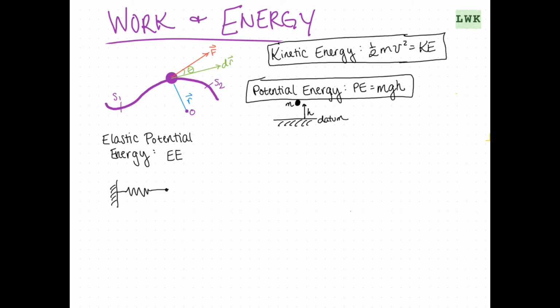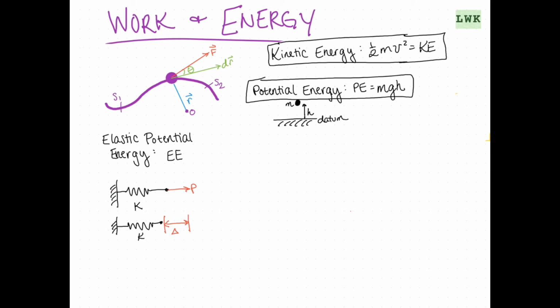And with springs, you're always going to have a spring constant K, and that's going to measure the spring stiffness. So if you have a force P pulling on this spring, you're going to displace it by some length, and we're going to measure that by delta. However much this is displaced from its original unstretched length is going to be delta.